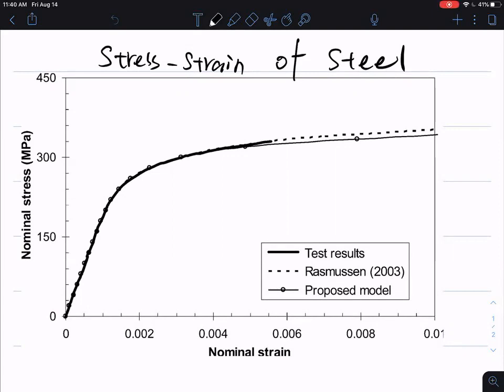Here we have a strain. You know this. Here we have megapascal, which is our stress. How do we find yielding stress for this material?